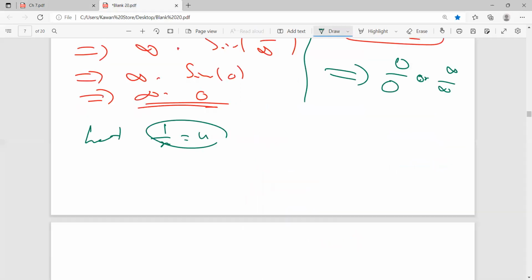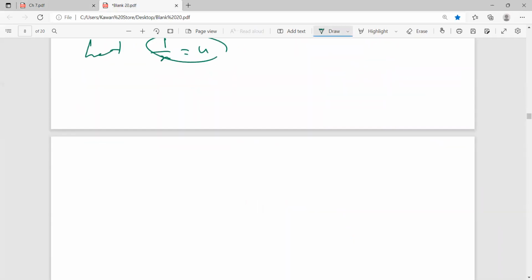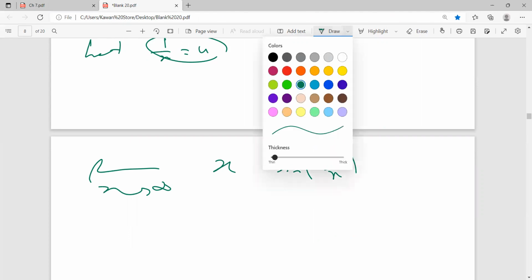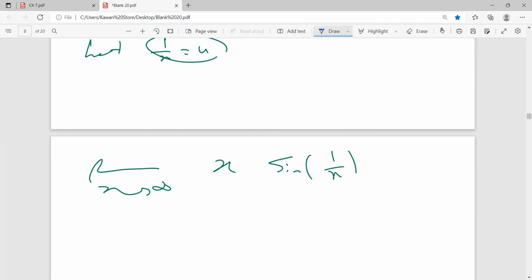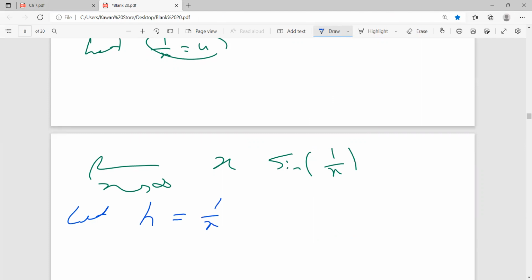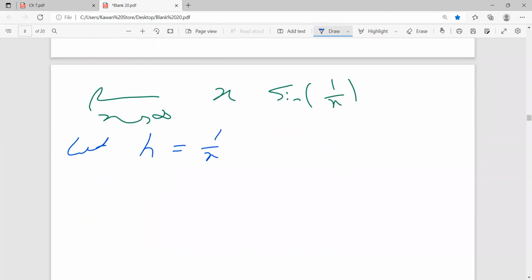Now, limit of x approaching infinity, x sine of 1 over x. Now I'm going to change that. Let h be 1 over x. So I'm going to change my example to an h example.